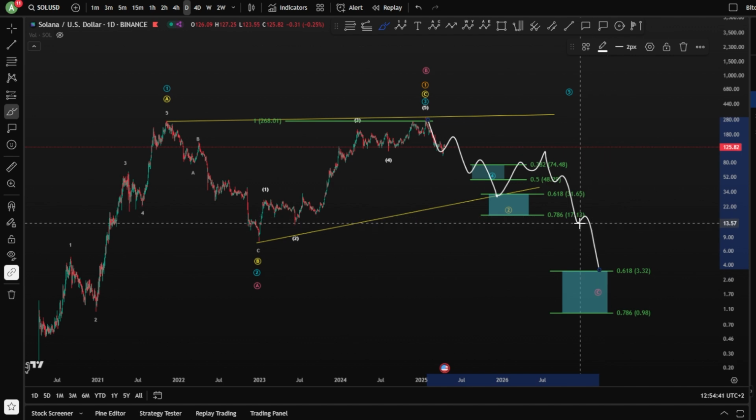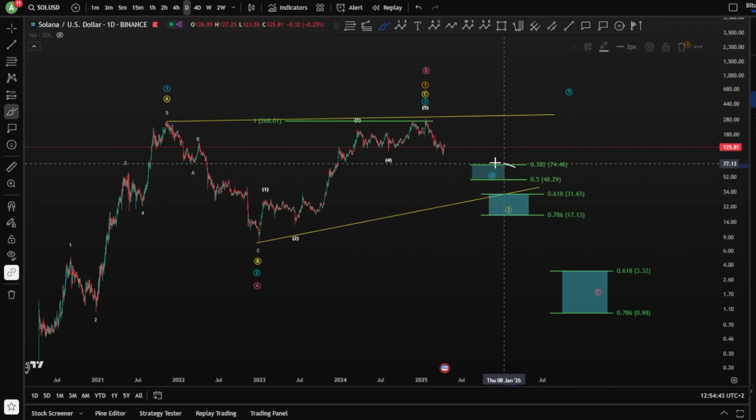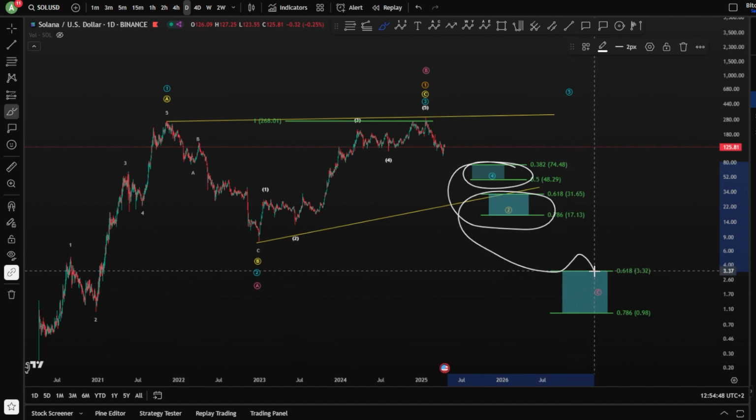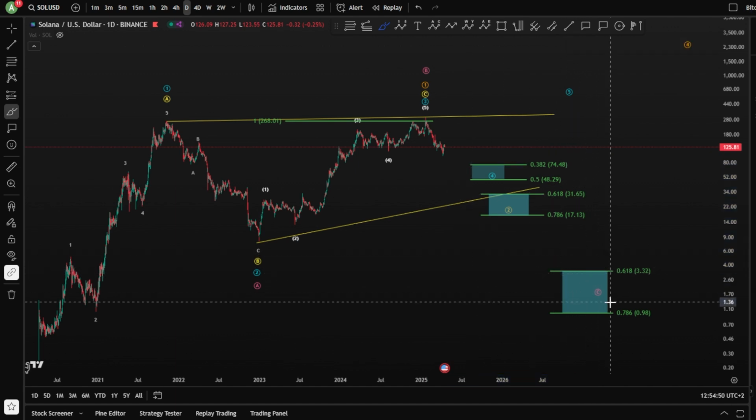However, this ultimate bearish scenario is still very far. You need to break zone 1 and zone 2, and only then we start to think about this one. So this is what I see for Solana. First, we're going to have to test the $75 and the $50 zone.